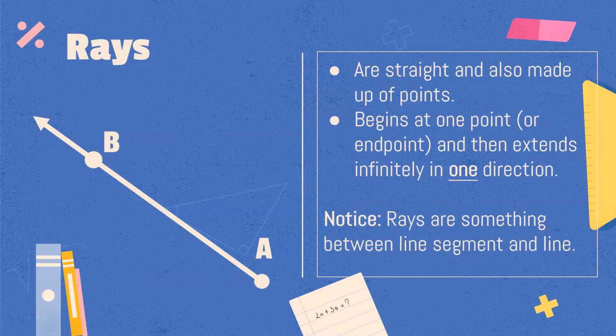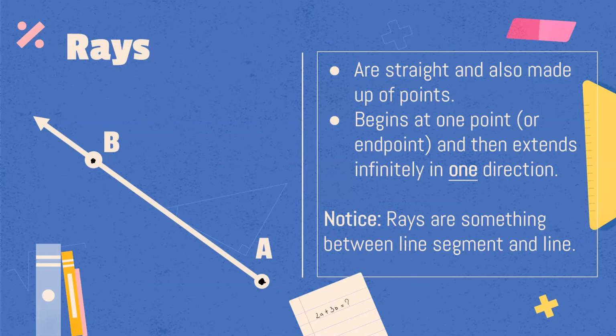And so a ray has a specific start, like a certain point where it starts, and then it goes on forever in one direction. And so on the ray to the left, we can see that it starts at point A and it extends infinitely through point B. And so how do we name rays? Well, when we name rays, we have to make sure that we start with the point that it starts with.